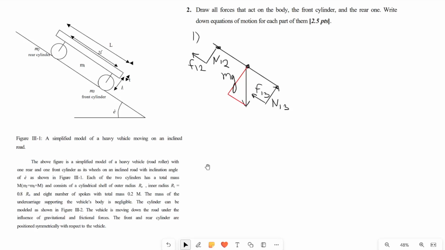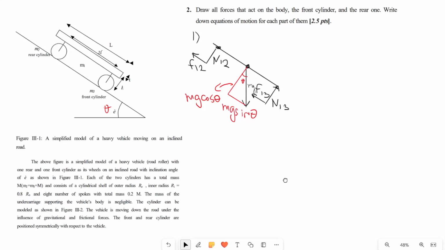If the angle of the inclined plane is theta, I'm just so used to writing things as theta, then this component will be equal to mg sine theta, and this one here will be mg cos theta, where mg is just the resultant vector, which is just down here. Okay, now this diagram is pretty accurate.